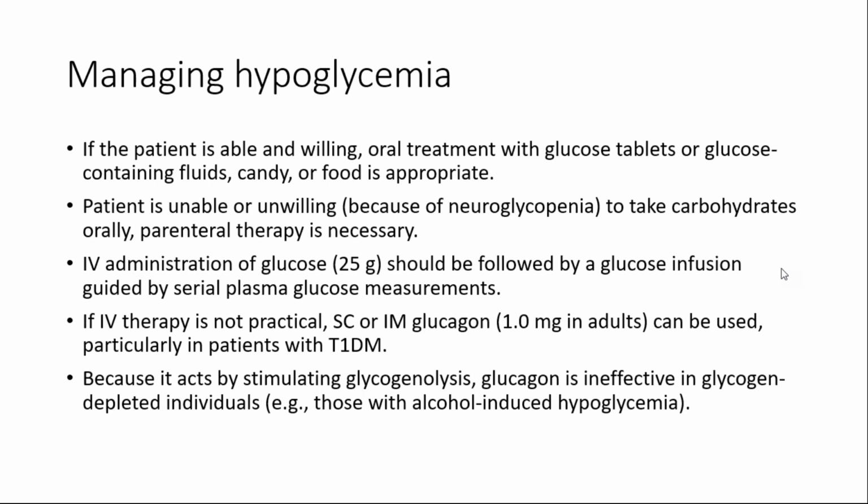If the patient is unconscious, not responding and hypoglycemic, we give IV dextrose containing saline, or if the IV line is not accessible, we give an IM glucagon injection. 1 milligram glucagon IM is the dose for adults. When there is no IV access available, you can directly use IM glucagon.